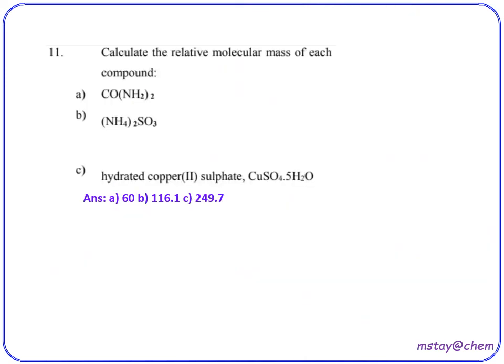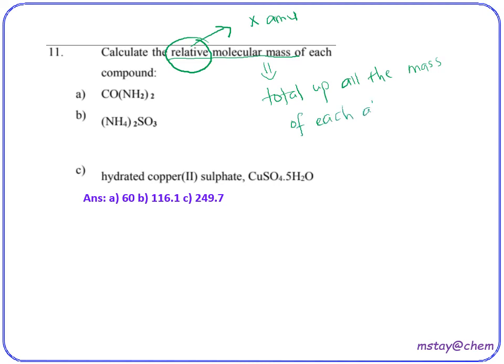Last question: calculate the relative molecular mass of each of the compounds below. Again, when we look at the term relative molecular mass, we know the final answer does not need the unit AMU. To get the relative molecular mass, we just need to total up the mass of each atom. 11A and 11B should not be a big problem.